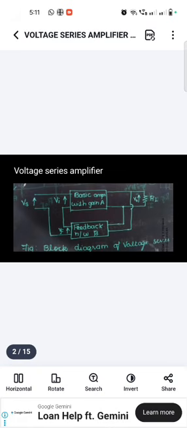This series connection raises the input resistance of the amplifier. In this, what are the effects of voltage sampling? Lower output resistance, because the parallel output connection divides the output resistance by 1 plus A beta, right? It stabilizes the output voltage, keeps the output steady even if the load changes.